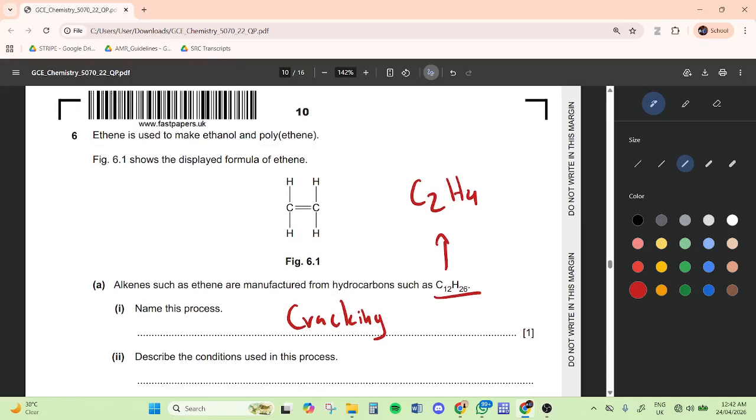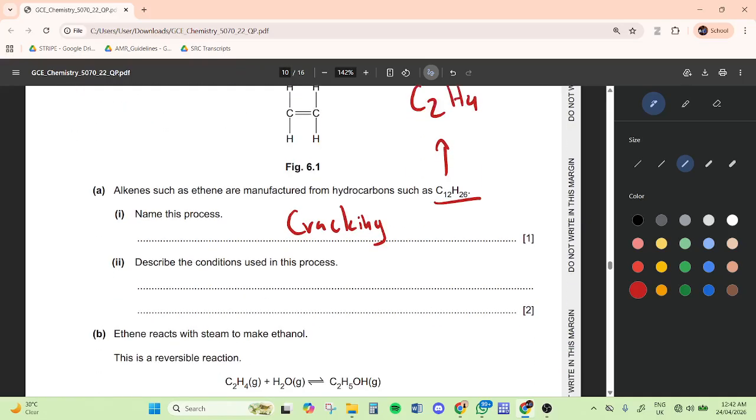Describe the conditions used in this process. So you're going to write down high temperature or heat, whichever one you guys are more comfortable with. High temperature plus a catalyst. So these are the two things you need for this reaction.